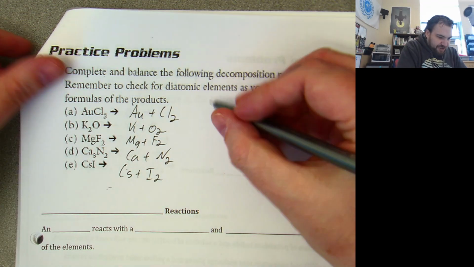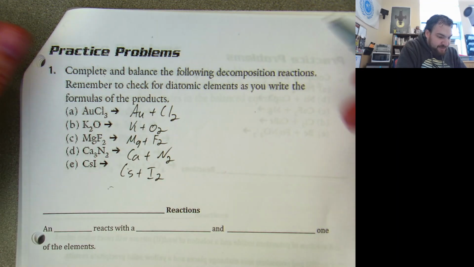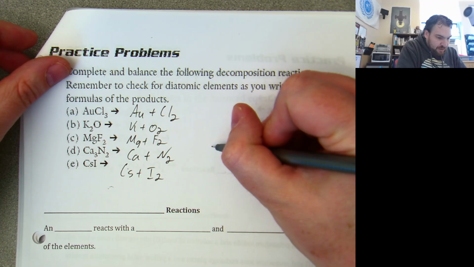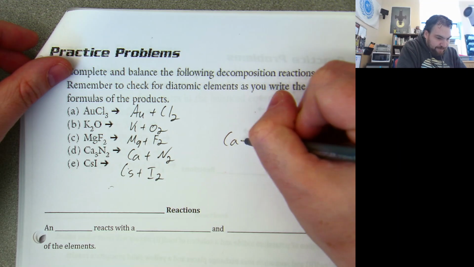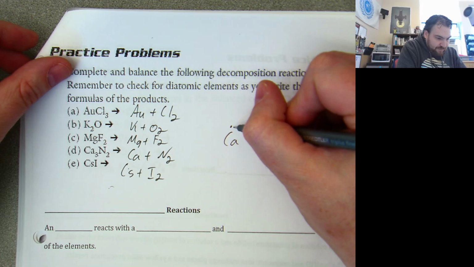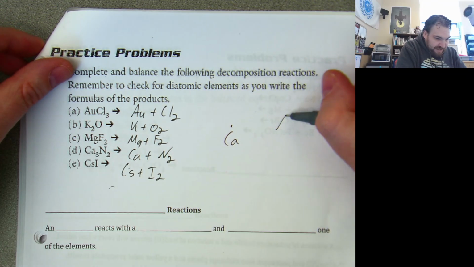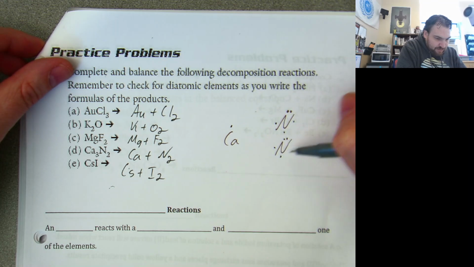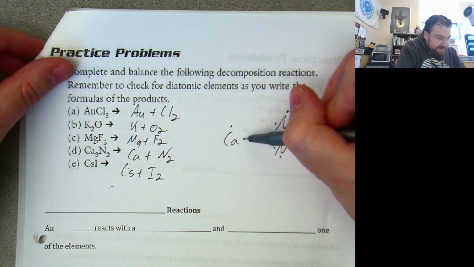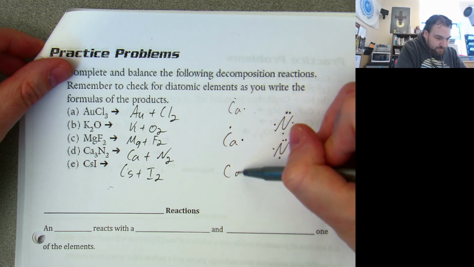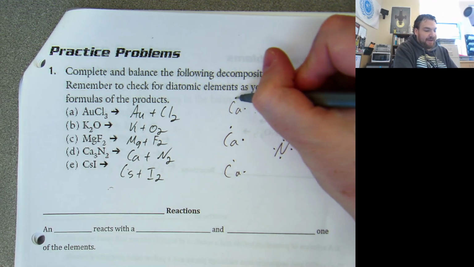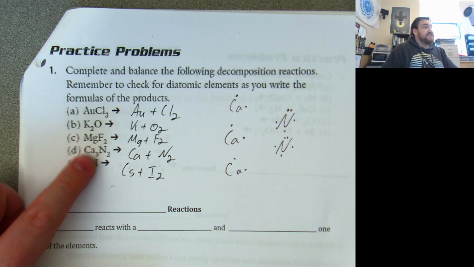Okay. So the easiest way to do this is by drawing it out. Ca3N2 is going to look like this. I've got an N and I've got an N, and these guys look like this. I'm going to do Lewis diagrams for all these things. Okay, so there's my Lewis diagrams for the making of this guy.